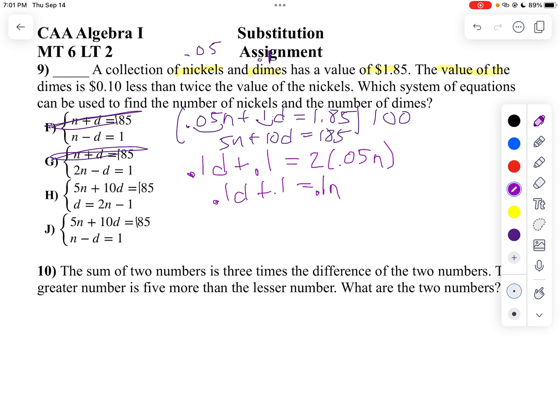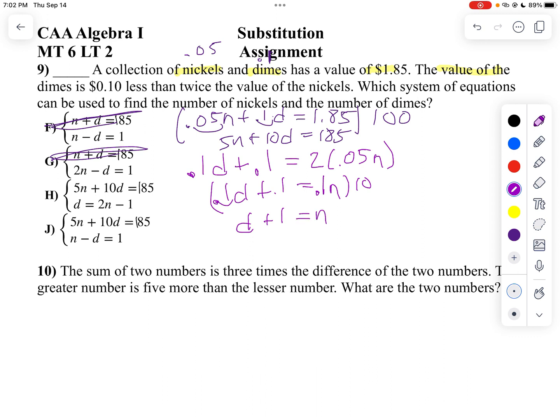And once again, for letter H, I don't have that as a choice, do I? So I need to get rid of my decimal. Well, I'm only moving over 1, so I have to multiply this by 10. So I get d plus 1 equals n.